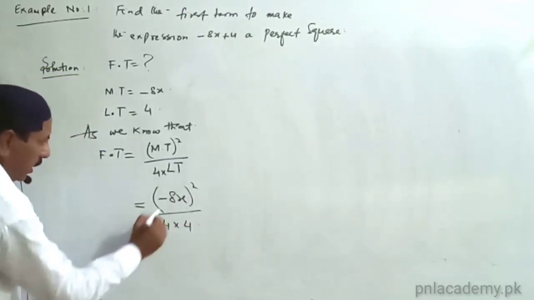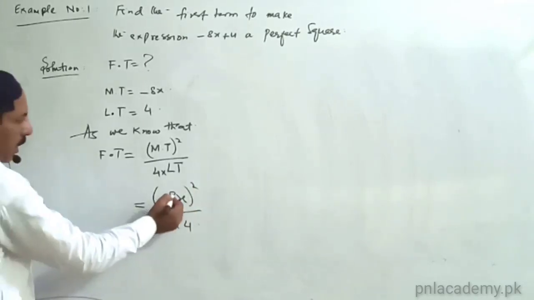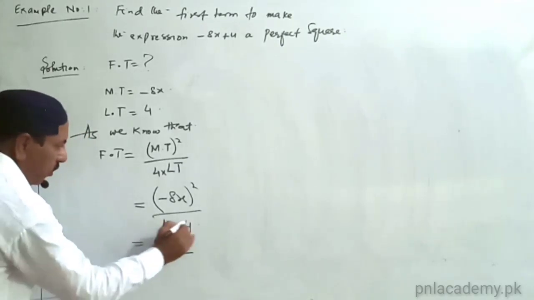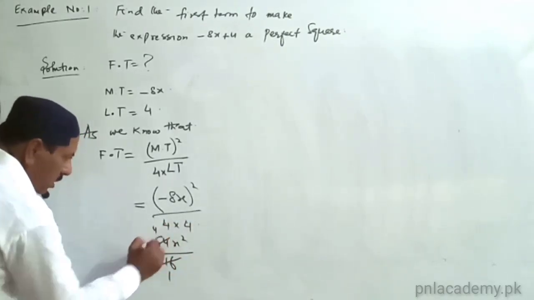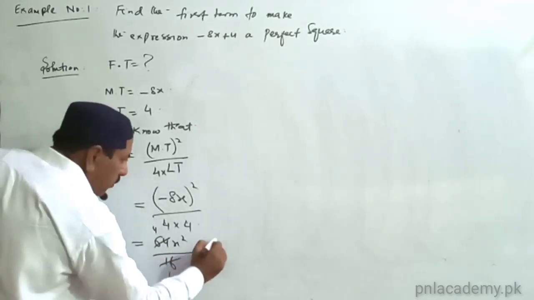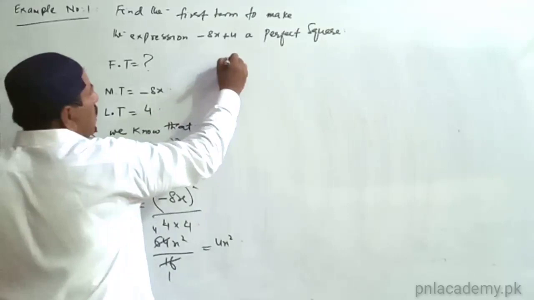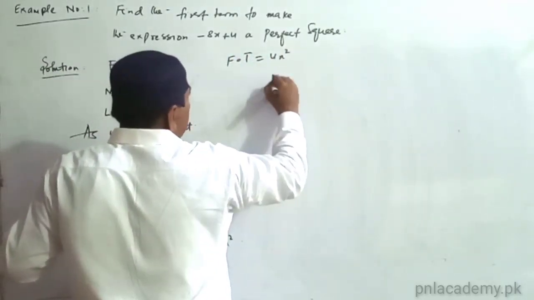So the first term will be: square of minus 8x is plus 64x square upon 4 into 4, that is 16. 16 divided by 16 is 1, 64 divided by 16 is 4. So this will be 4x square. Therefore the first term is equal to 4x square. This is the answer.